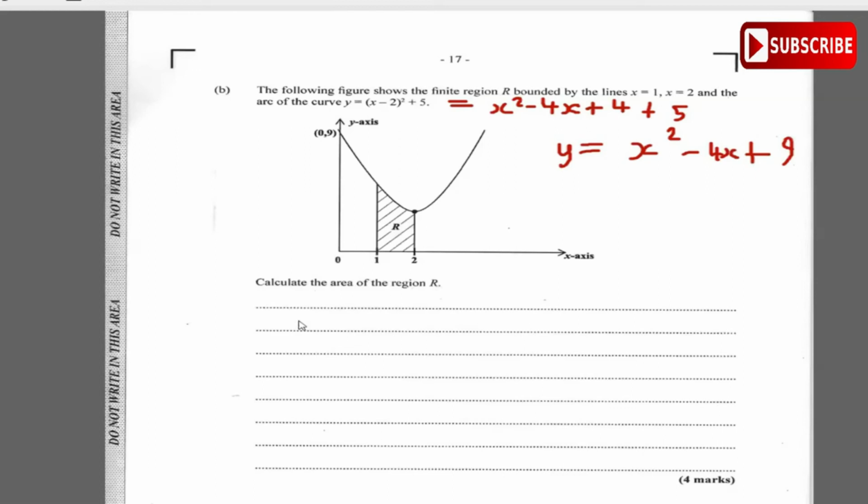The area under the curve is going to be equal to the integral from 1 to 2 of the curve, which is x squared minus 4x plus 9. Nice and easy.